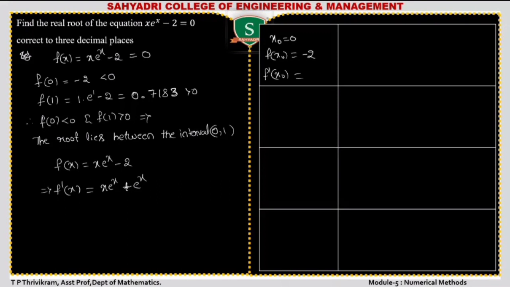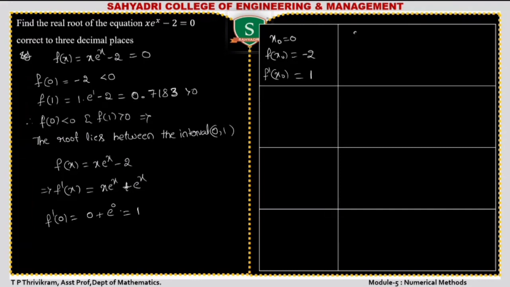So f dash of 0 will be, first term 0, plus e power 0. So this is 1.